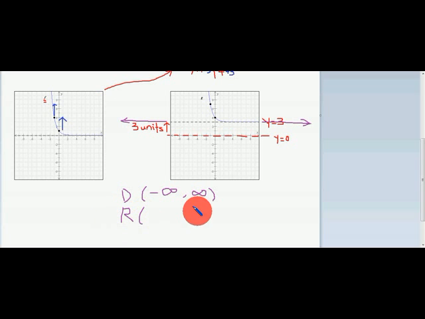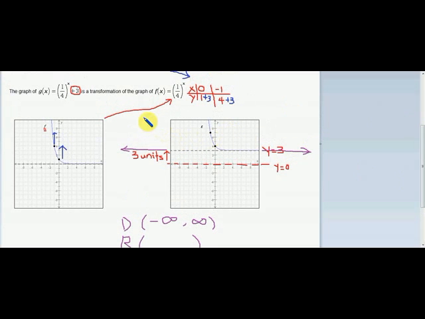Okay, so for the range, remember last time I told you guys that when we look at the range, we need to look at the asymptote, right? There's a relationship between the range and the asymptote. So, as you can see here, this blue line can keep on going, right? It can keep on going up, up, up. So, there's not really a boundary, right?